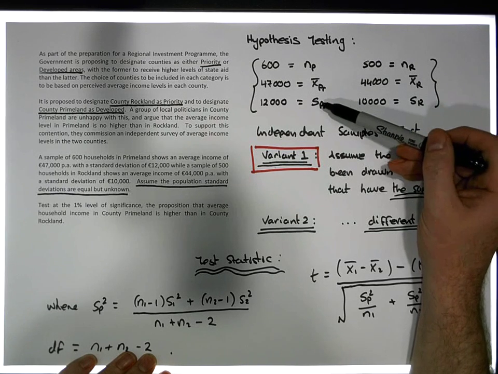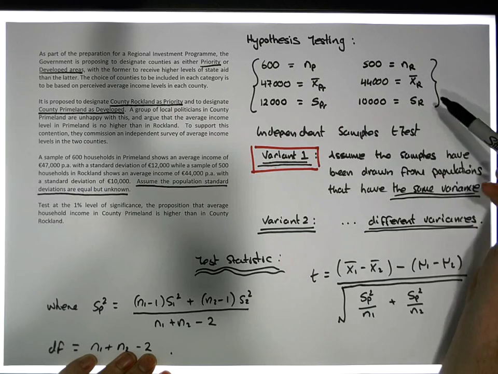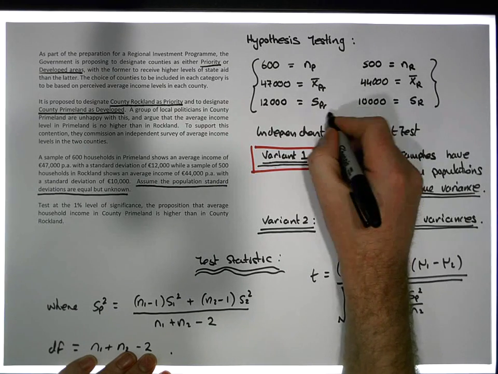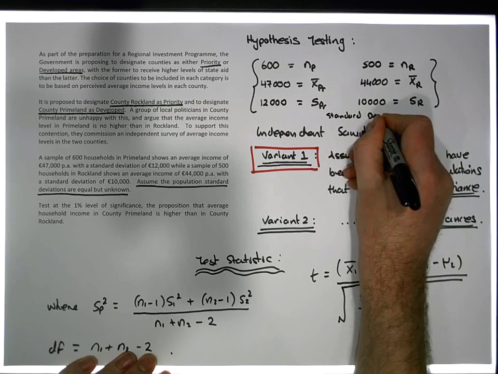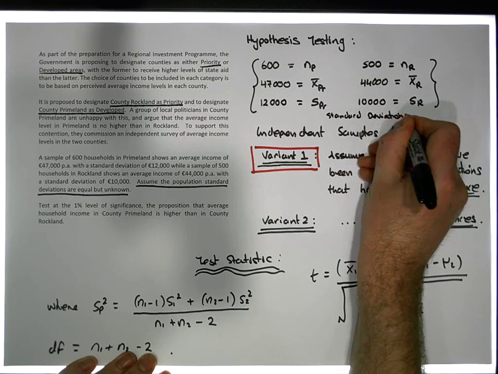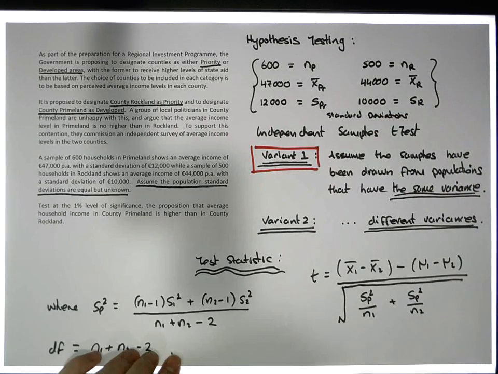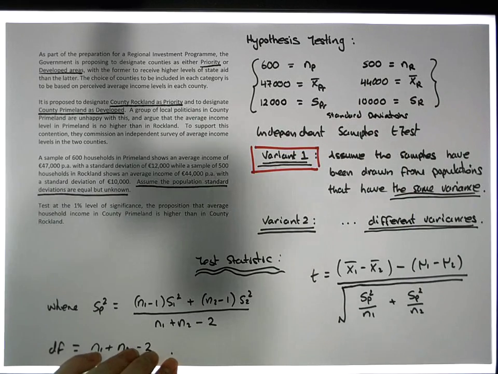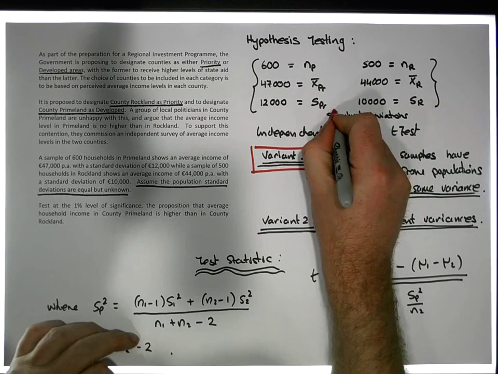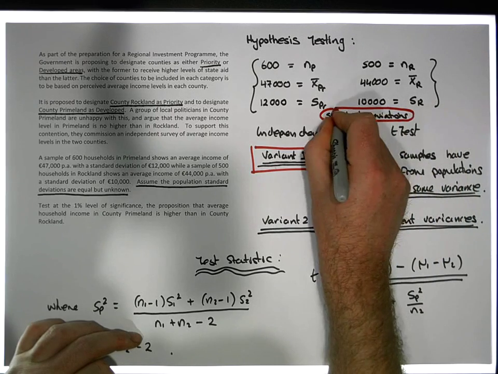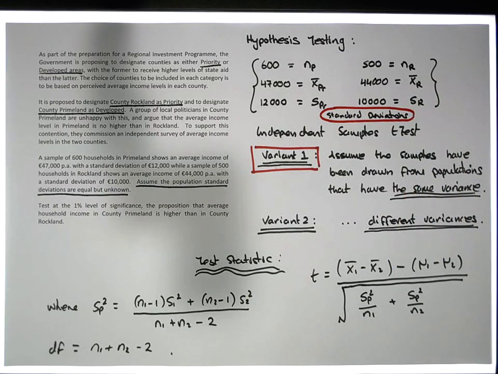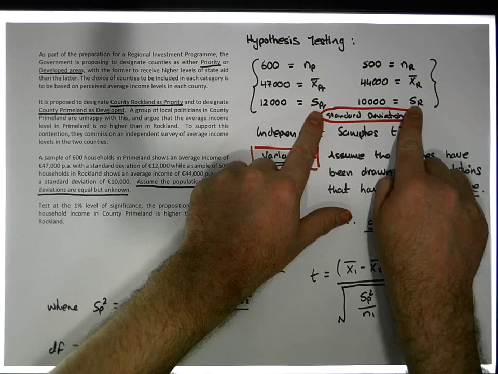Okay, so these are standard deviations, where we need the variances. So the variances are going to be the square of these particular values. Maybe I'll circle that, put that in red here, because it's important to know that we've been given the standard deviations and we haven't actually been given the variances.